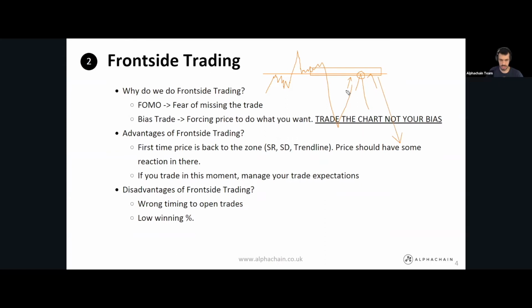If you have another level of structure in here, price can easily go up, react from the next previous level of support resistance, and after that go to the upside. So manage your expectations when you're looking for these kinds of setups as front side trading. Again, if you pay attention to the concept that I explained before about space, look for the space that is available and don't shoot for more than that as your target.